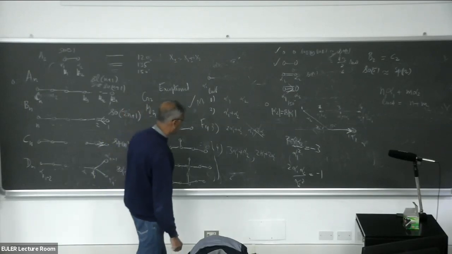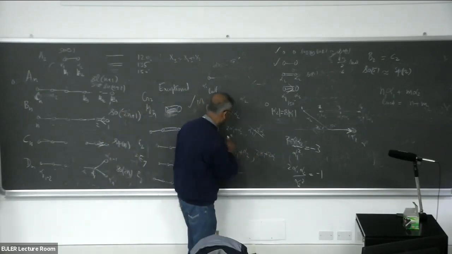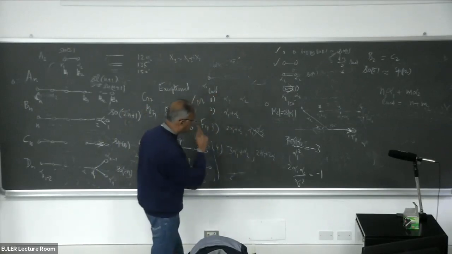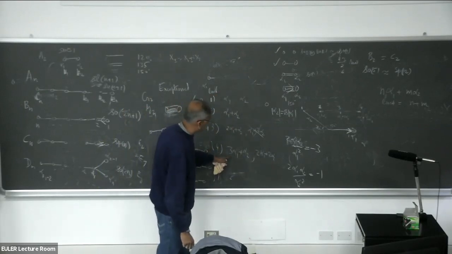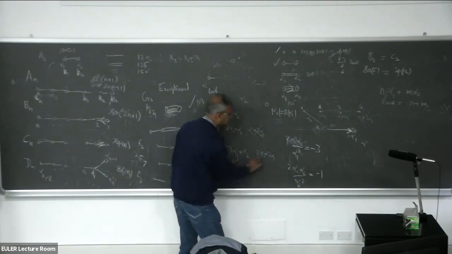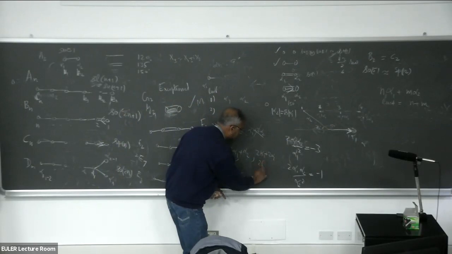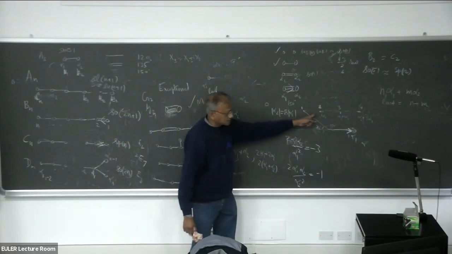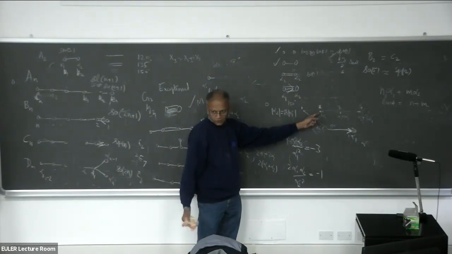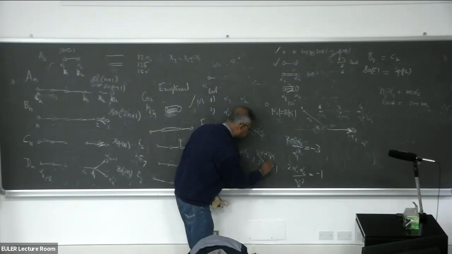Yeah, this is all, right? 3 alpha 1 plus alpha 2, 2 alpha 1 plus 2 alpha 2. This one we already see is there. But this cannot be, right? Because after all, I can write it as 2 times alpha 1 plus alpha 2. Now, alpha 1 plus alpha 2 is a root, and we know 2 times that cannot be a root. So this is not there.